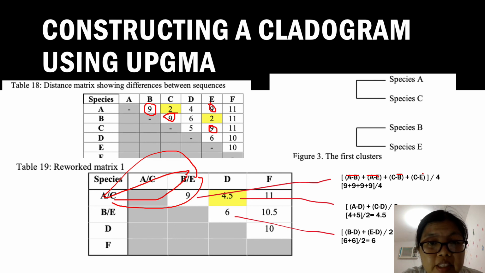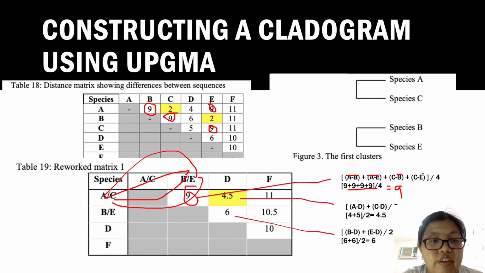So 9 plus 9 plus 9 plus 9 over 4. So it's the average, it means it's 9. Alright?